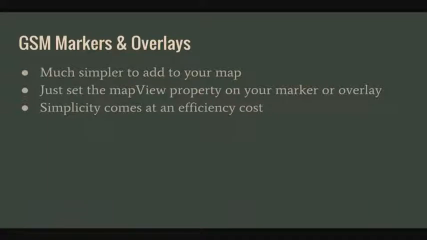Now I'll talk a little bit about Google's markers and overlays. They're way simpler than Apple's overlays and annotations. A marker is like an annotation, and all you have to do to add it to your map is make this marker class and set the map equal to the map that you're working with, and it just adds it for free.